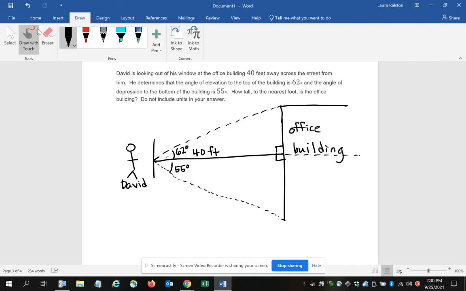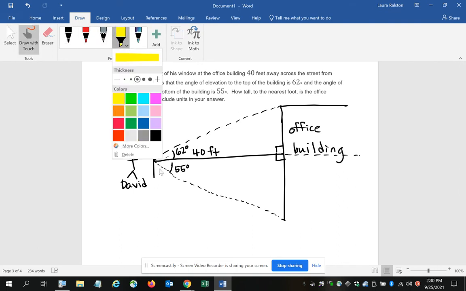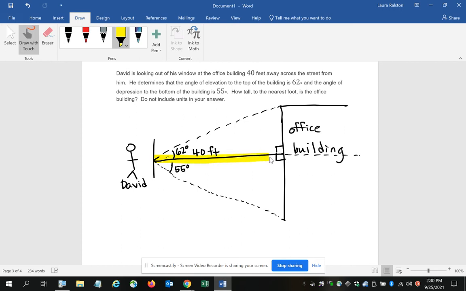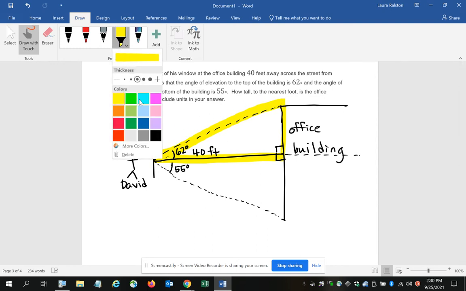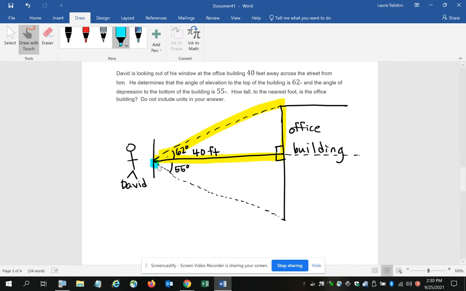So you have one triangle. See if I can highlight it for you. For the angle of elevation. But you have a second triangle for the angle of depression.